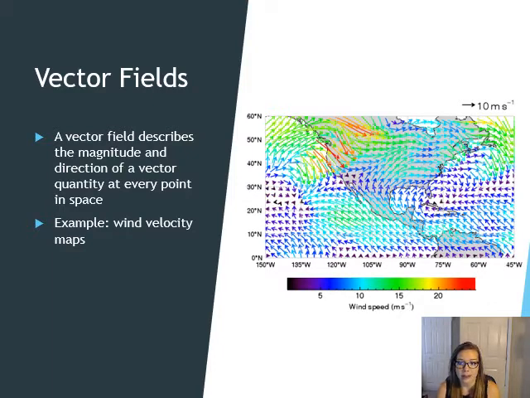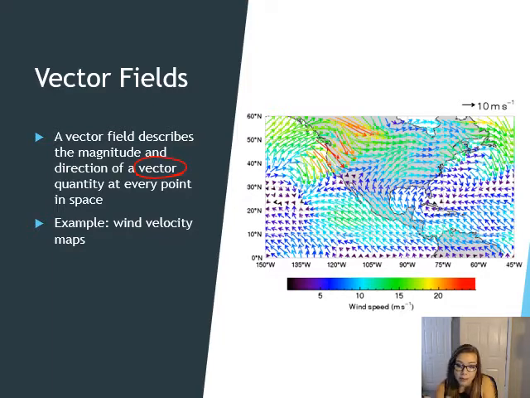This is a vector field. Again, it's showing a magnitude and direction of a particular vector quantity at every location in space. So again, the field aspect of it is the fact that we're showing these vectors as a function of position. So each of these locations has a different vector magnitude and direction.